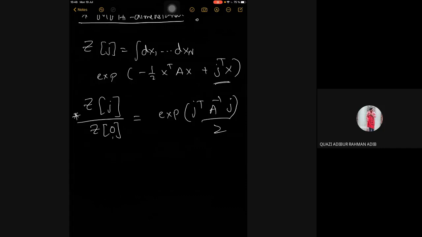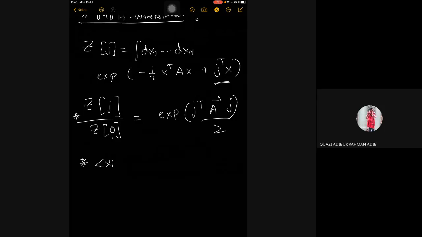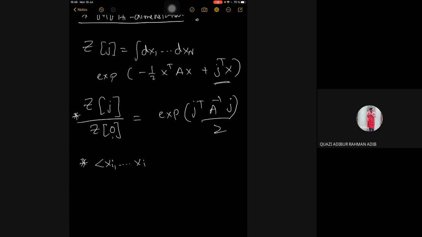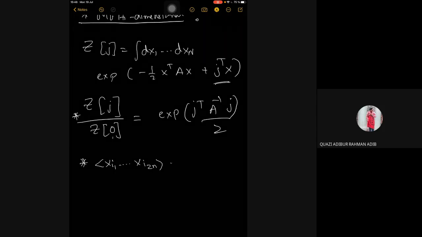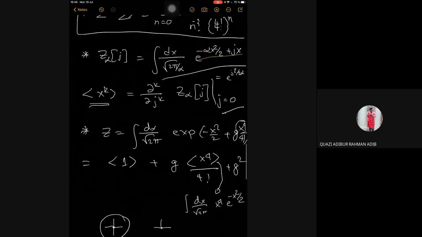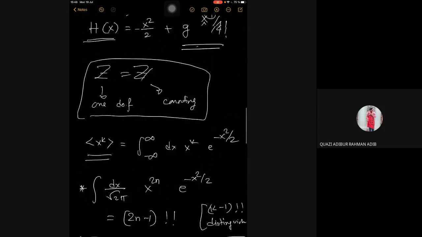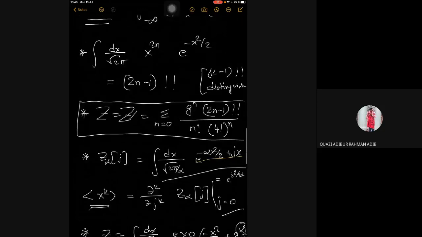Okay, let's see, what else did we study? We talked about the expectation values of, say, if we had something like this, 2n, in a way similar to the one variable case. Where's the source term?